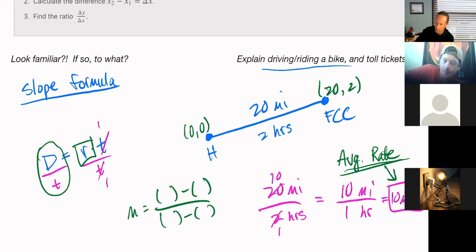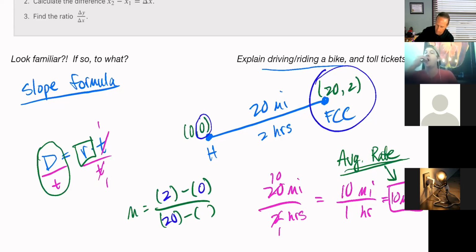And we like to start with the bigger ones so that we don't have to work with negatives. So if I did that, I would then have this be first, and my y value with my other y value, and then my x value with my other x value. And if I wanted to flip it around to make it a little bit better, let's go 2, 20, right?